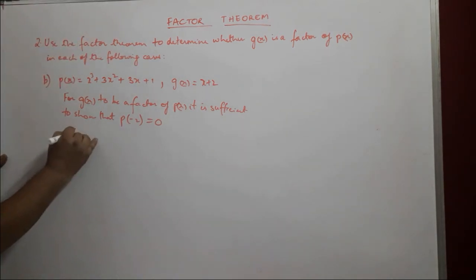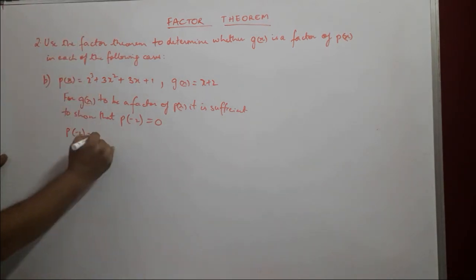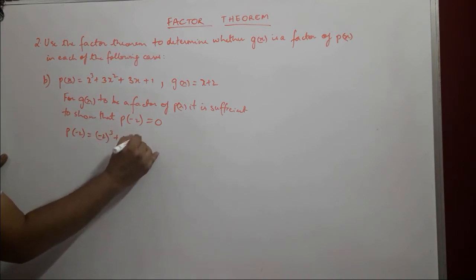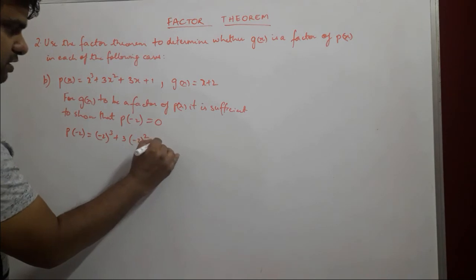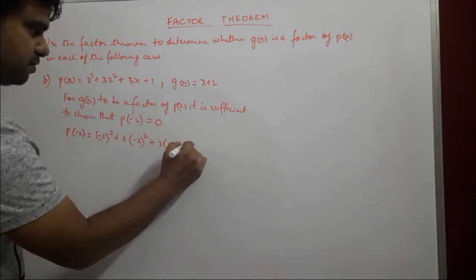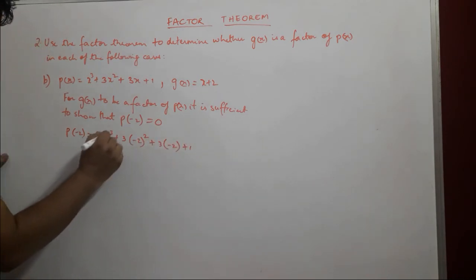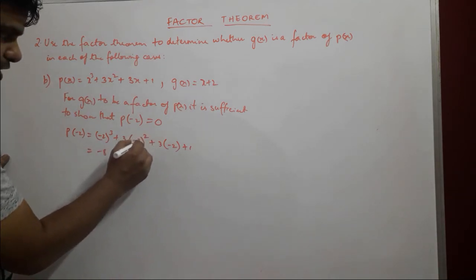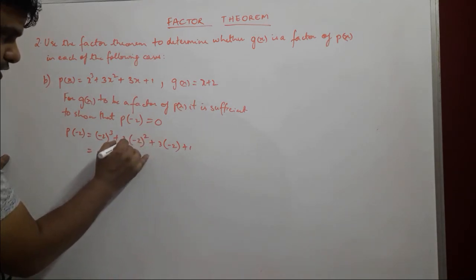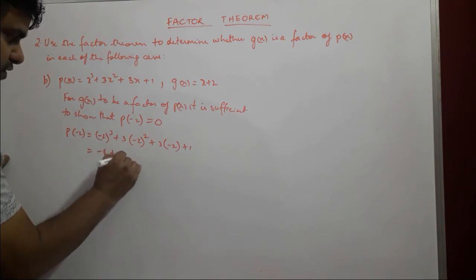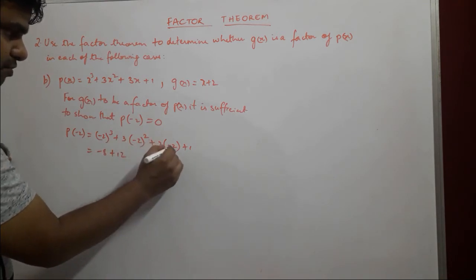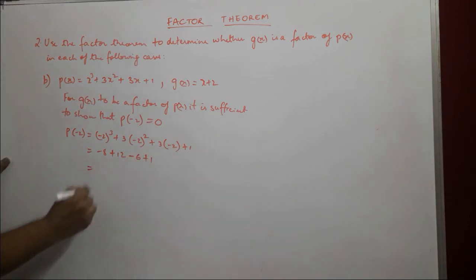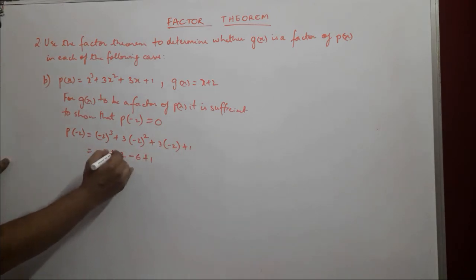So p of minus 2 equals minus 2 whole cube plus 3 into minus 2 square plus 3 into minus 2 plus 1. Minus 2 whole cube becomes minus 8. Minus 2 whole square becomes plus 4, and 4 into 3 gives us plus 12. Plus 3 into minus 2 gives us minus 6, and plus 1. Let's see how much. Minus 8 plus 12 gives us plus 4.